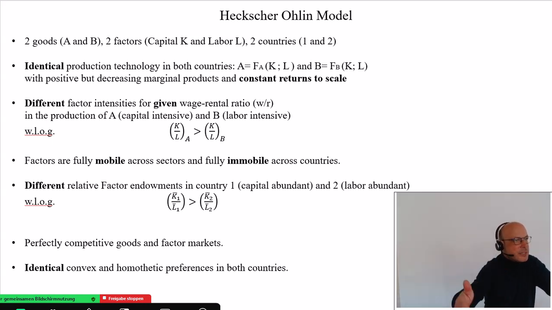So this is a difference compared to Ricardo, because there, of course, we assumed different production functions due to the slope of their transformation curve. In this case, the difference between the countries we introduce at another point.